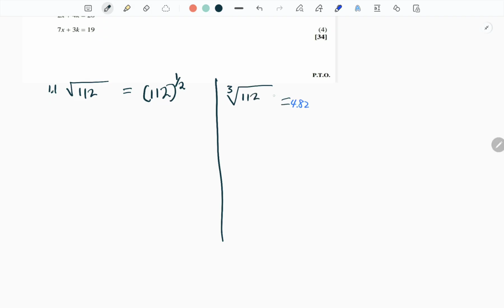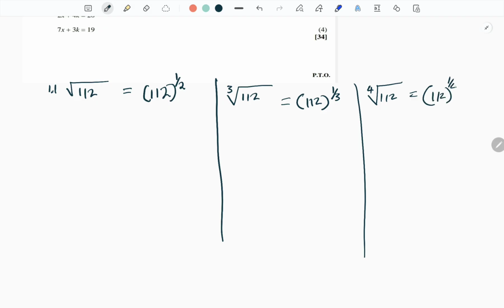You're going to take whatever is inside this and then raise it to the power 1/3. So I'm going to have 112 raised to the power 1/3. I can do the same with a fourth root. There we go, 112. This is the same as whatever is inside, 112 raised to the power 1/4.